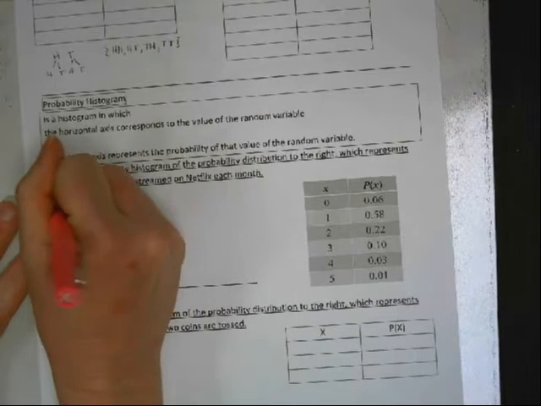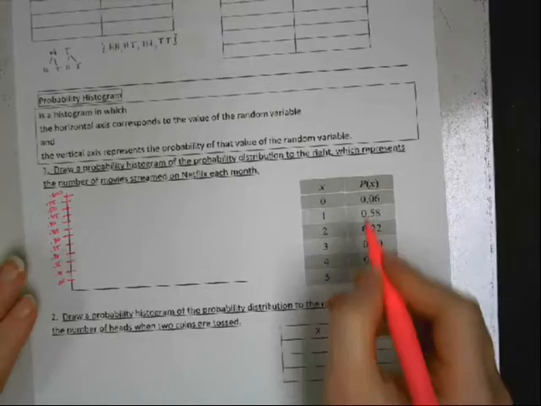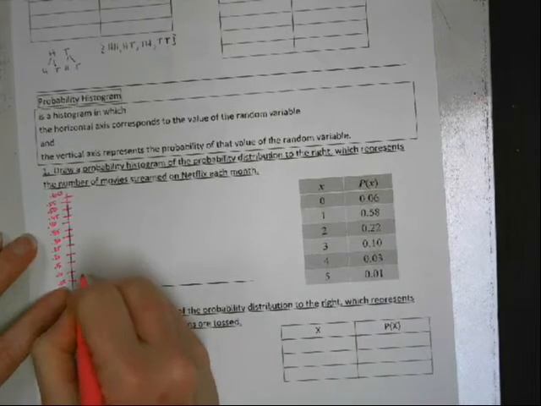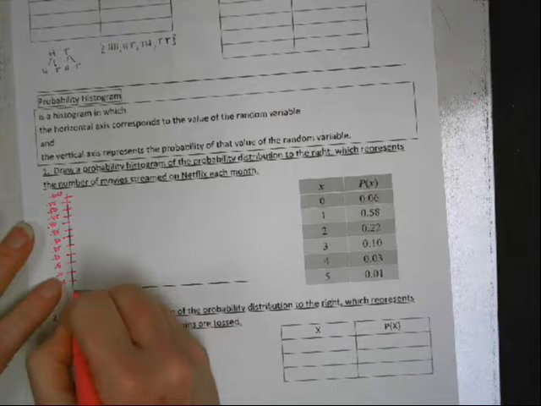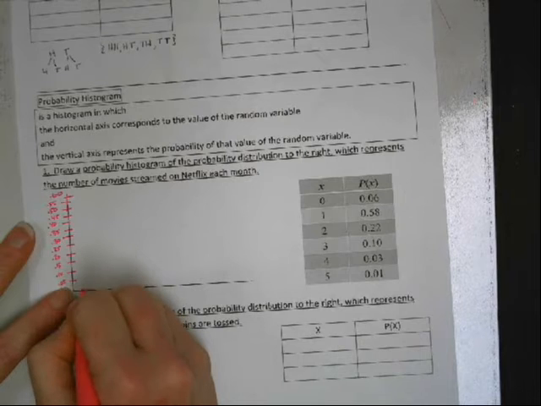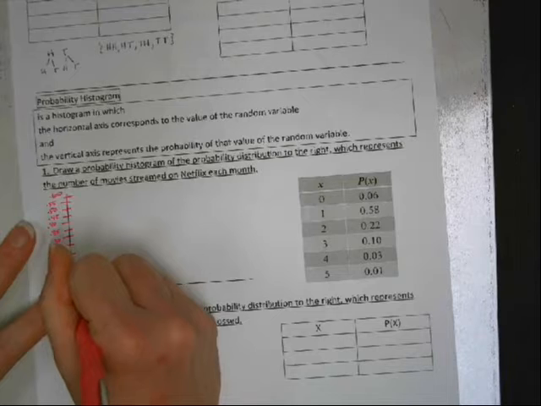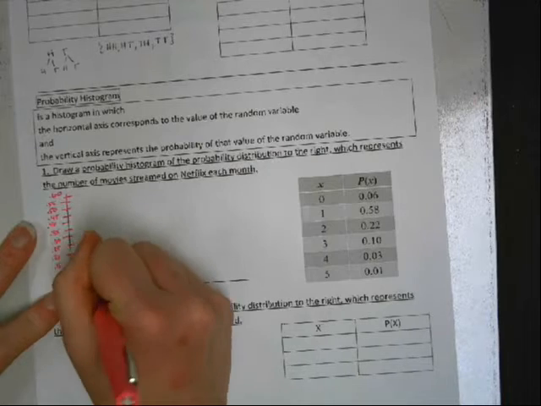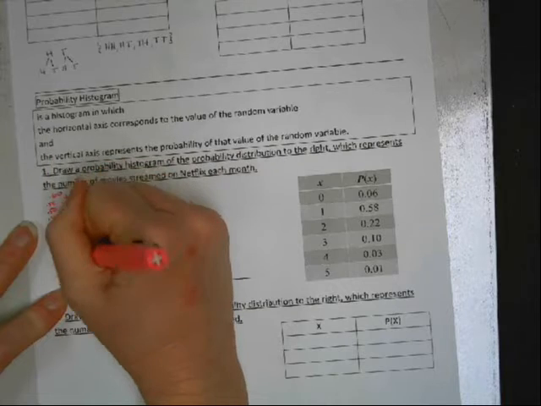It's close. All right, so my first value is 0, and it's 0.06. So that would be right about here, and this is going to be 1. So we'll make this 0, and it's going to be 0.06. The next one is 0.58.